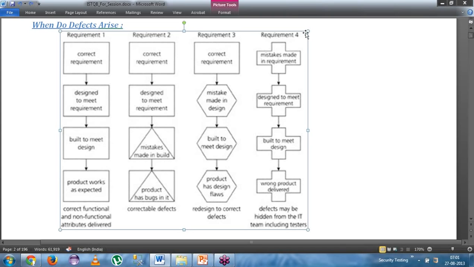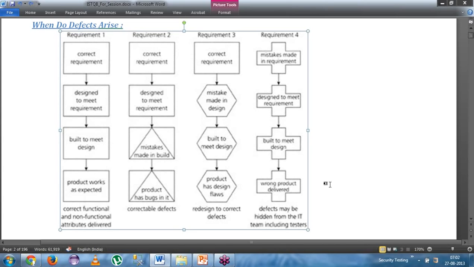Fine. Now let us also understand if we have not met the requirements in this last case. So what is the problem here? We have made a serious problem with the requirement itself, which will trickle down to all the phases of our software lifecycle. If we make a mistake in the requirement, it flows through the design, it flows through our code, and finally whatever piece of code that we deliver might be a wrongful product.